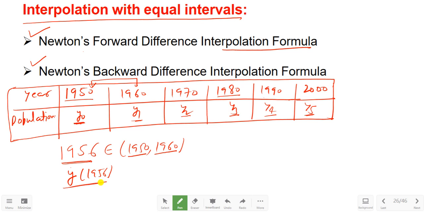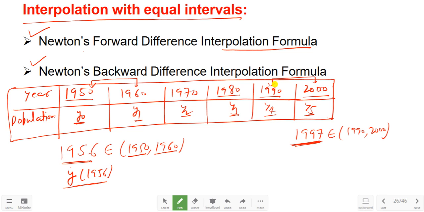Now the second case: if we want to compute the population in the year 1997, and 1997 lies between 1990 and 2000, the last two values of the given data set, then we apply Newton's backward difference interpolation formula.